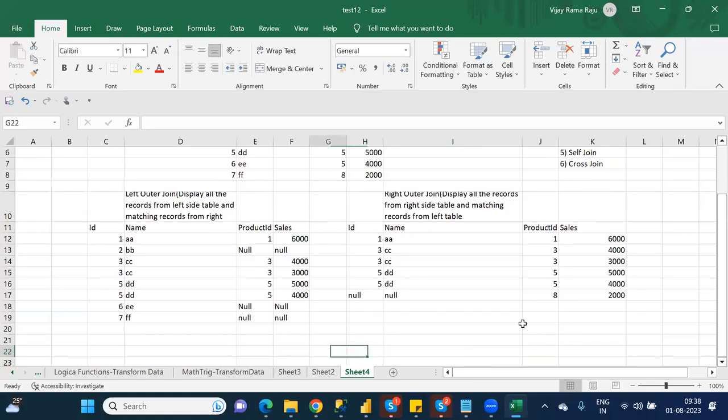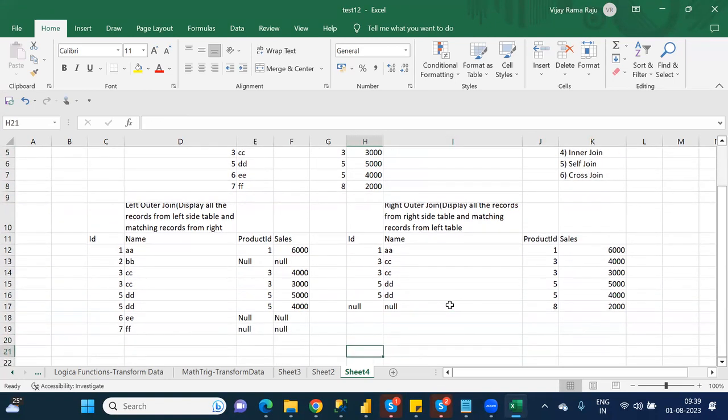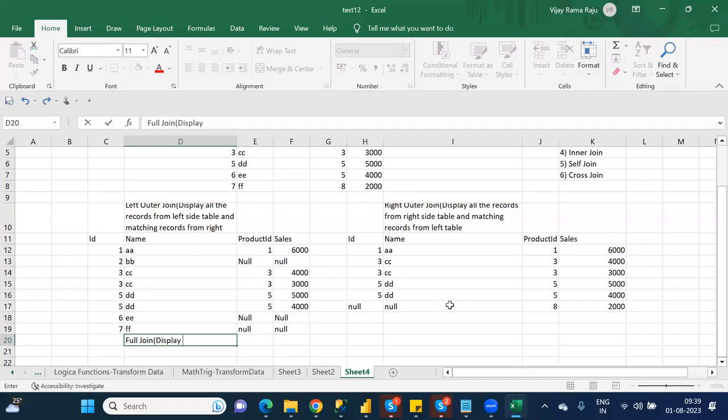Sorry. Full outer join. Full join. Display all the records from both the tables.